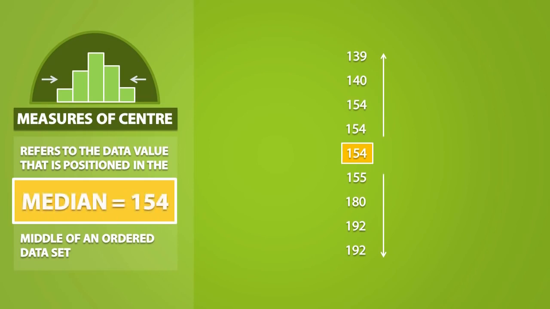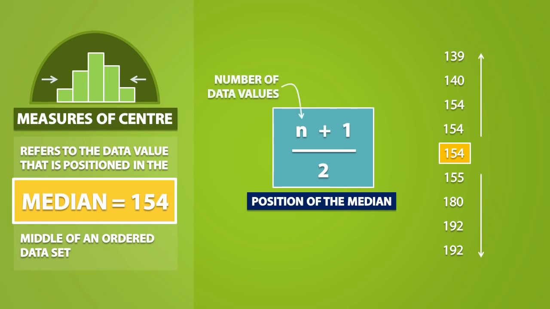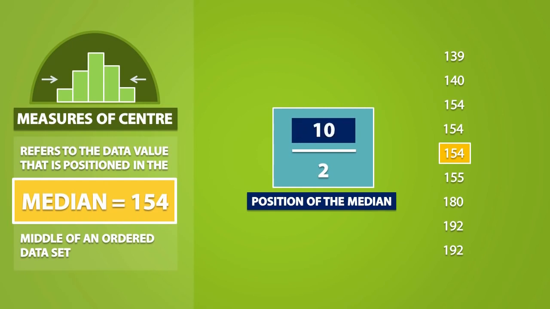When a dataset is extremely large, it might be helpful for us to use the formula (n plus 1) divided by 2. This formula tells us the position of the median. N refers to the total number of data values in our sample. We have a total of 9 values in our sample, so n is equal to 9, and 9 plus 1 is equal to 10, and 10 divided by 2 gives us 5.